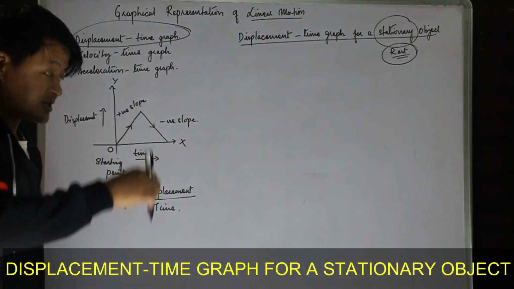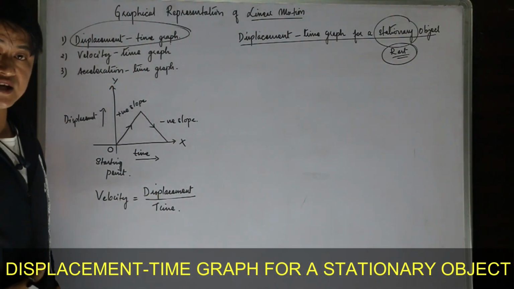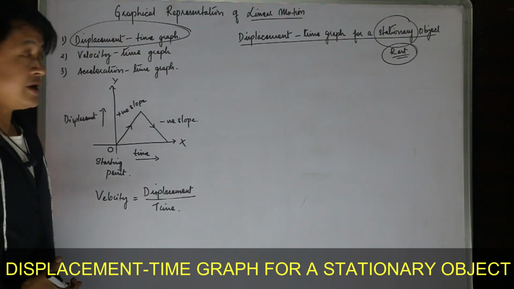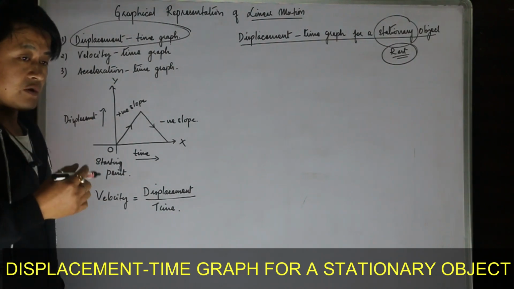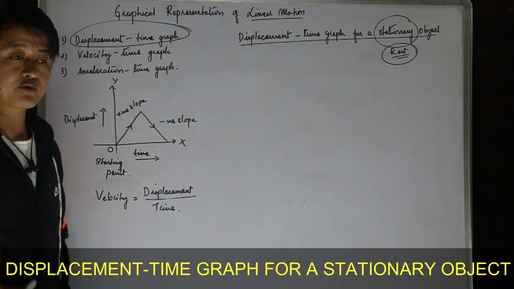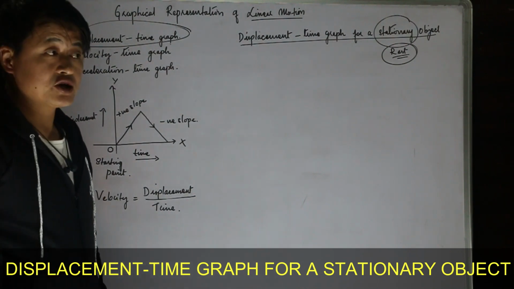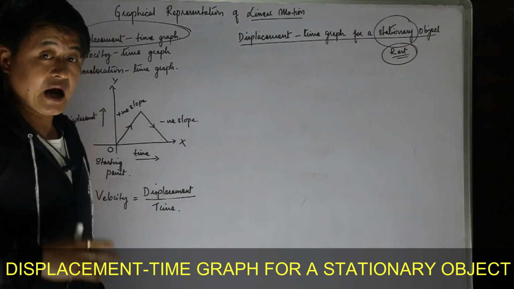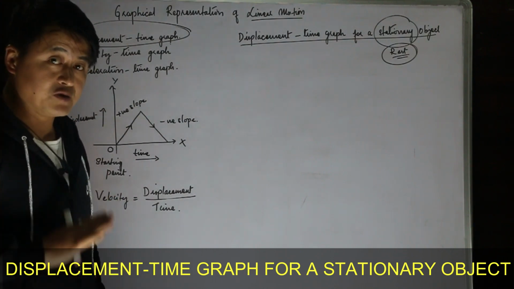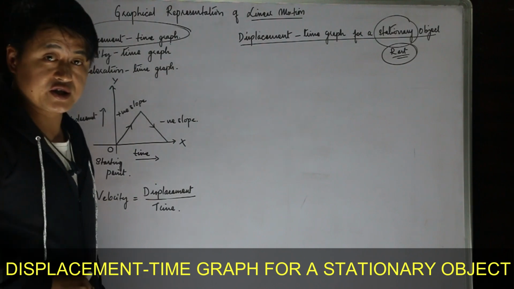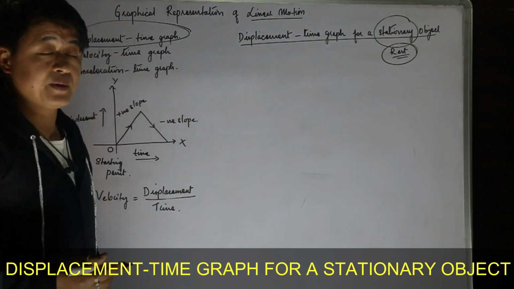Let's take one example. I am standing here, I am at rest now. If I am at rest, I will not change my position, I will not move from this position. But what about the time?